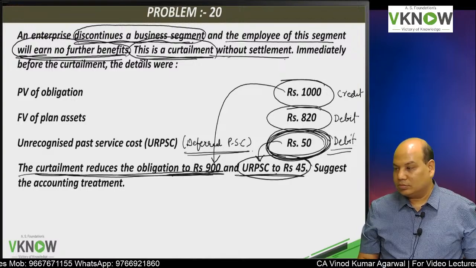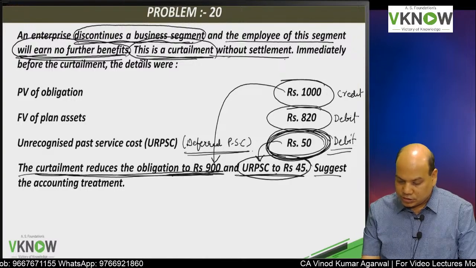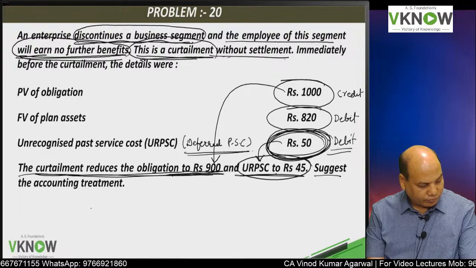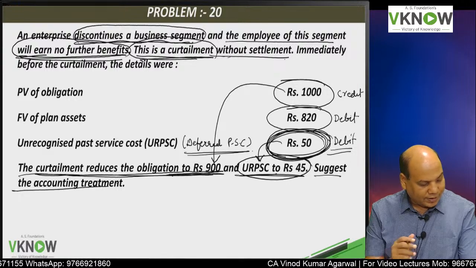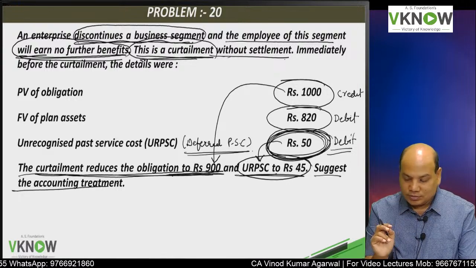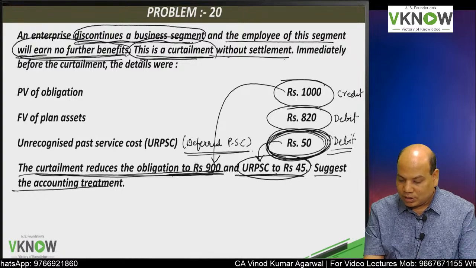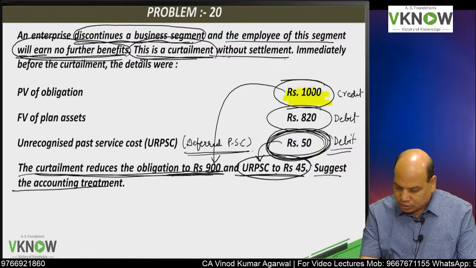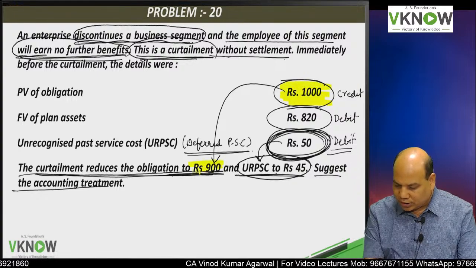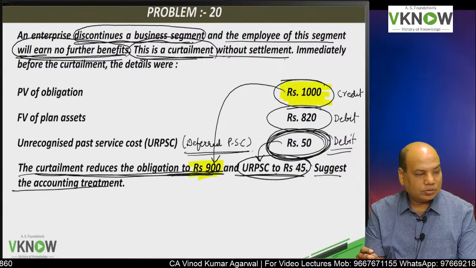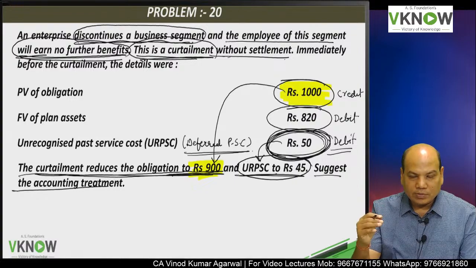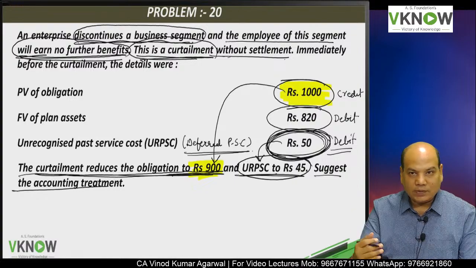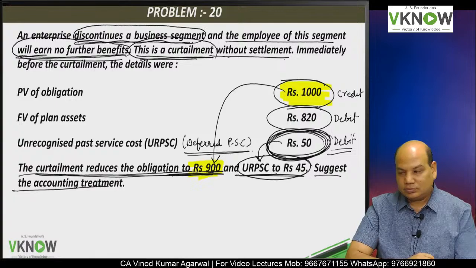So now my question is, suggest the accounting treatment. The answer is not printed. You will have to write. So write down, my liability I will reduce from 1000 to 900. If I have to reduce the liability from 1000 to 900, I will debit the liability.